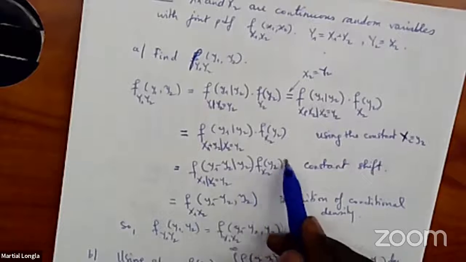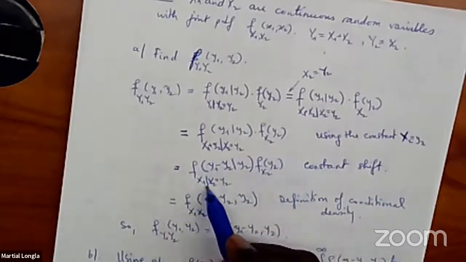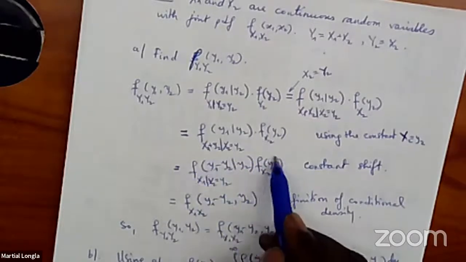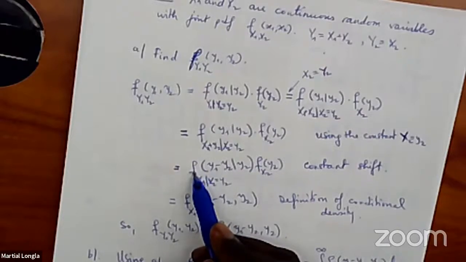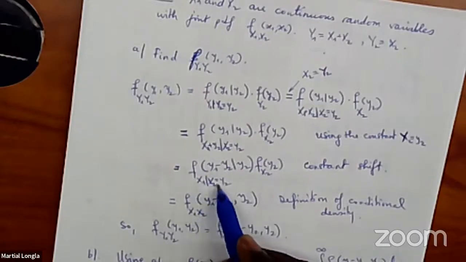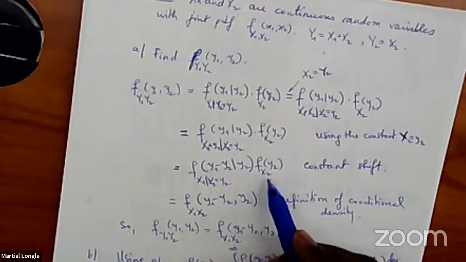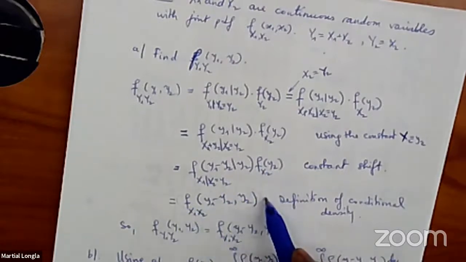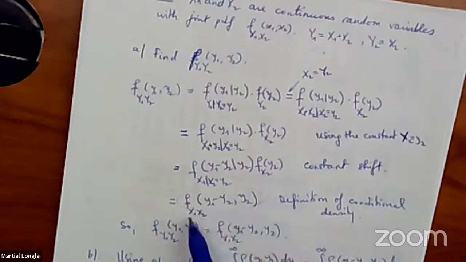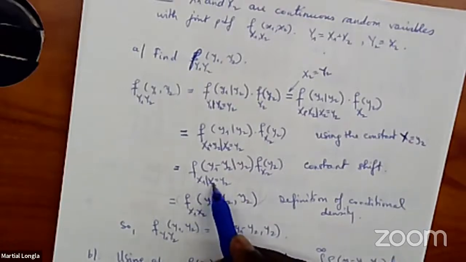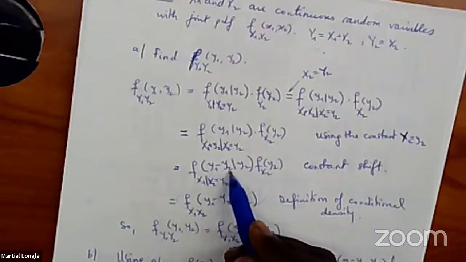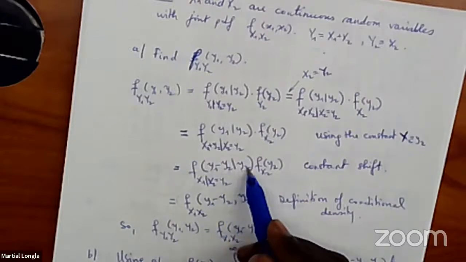And so when you look at this now, the conditional distribution of x1 given x2 times f of x2, what is it? It's the joint distribution, by definition: the joint distribution of x1 and x2 at the points given, y1 minus y2 and y2.